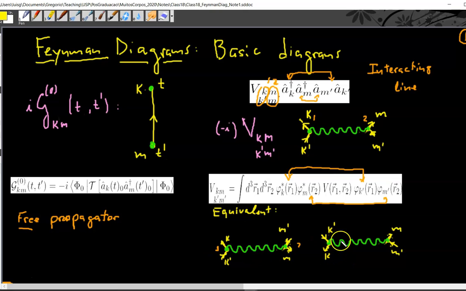I can go with k prime from above, exiting with k from below, going from m prime from below to m exiting from above. All right, so then if I have 2 of these or 3 of these and 1 of these, I should be able to link them and construct a diagram with, say, 3 propagation lines and 1 interaction line. So let's see how that works.